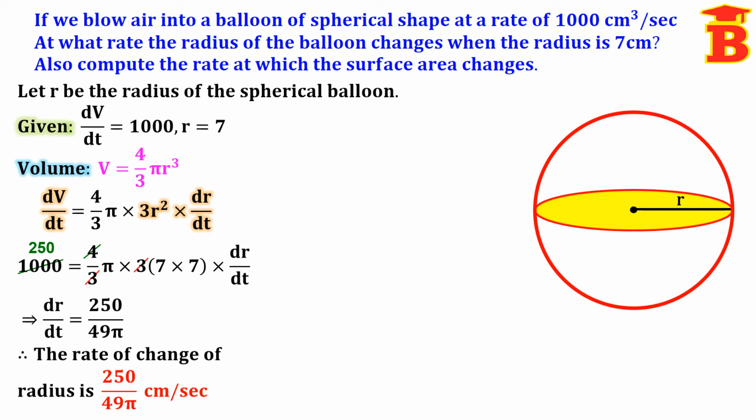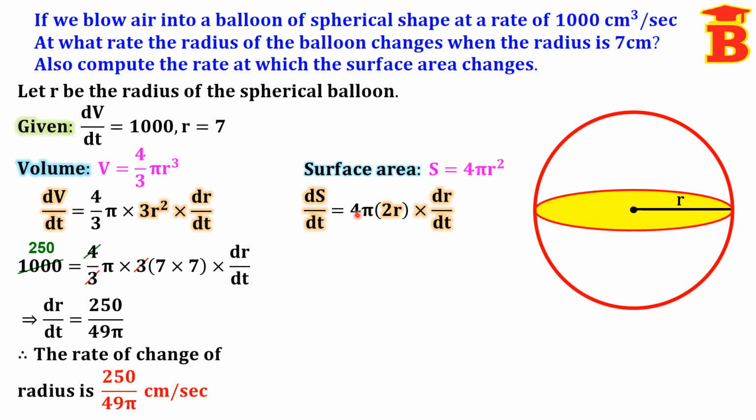Next question, we have to find the rate of change of surface area. For that we have to write the surface area formula. So the surface area of sphere is S is equal to 4 pi r square. Now differentiating this with respect to t, that is dS by dt equal to, right side, 4 pi is constant.